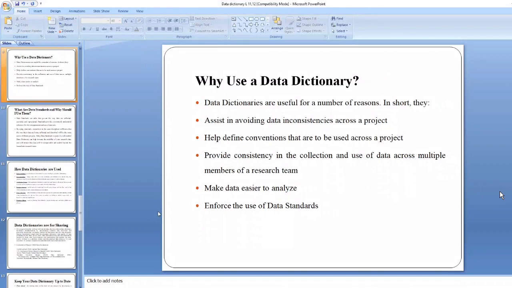It provides consistency in the collection and use of data across multiple members of a research team, makes our work easier to analyze and understand, and helps us to enforce the use of data standards. Okay, this is the use of the data dictionary.